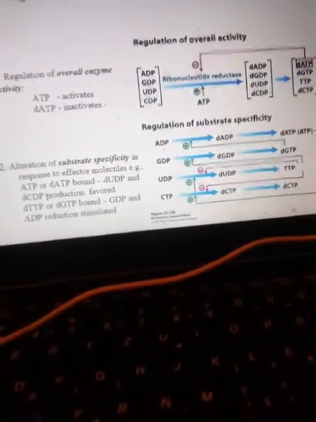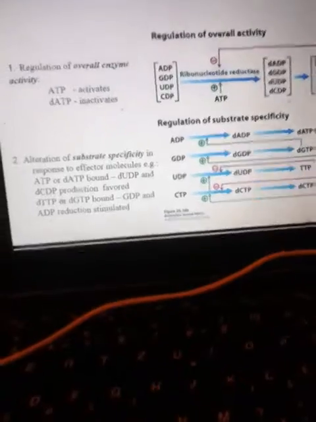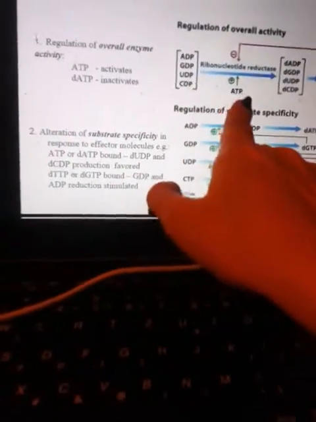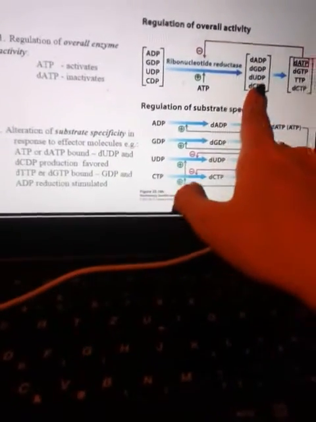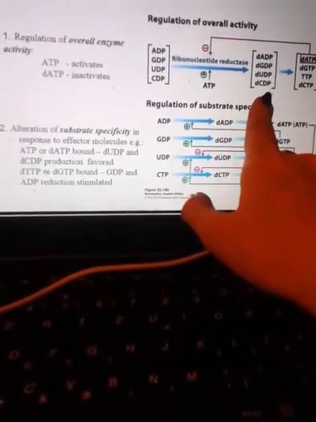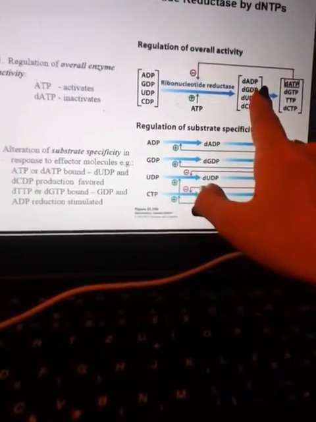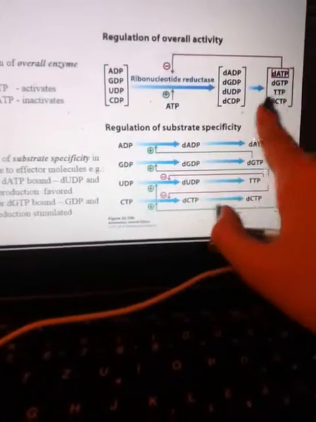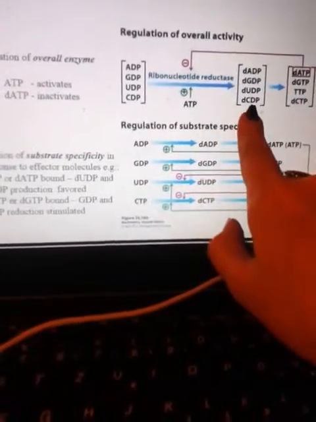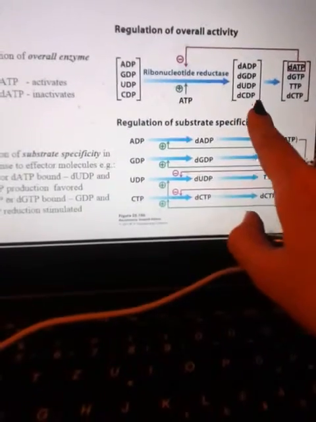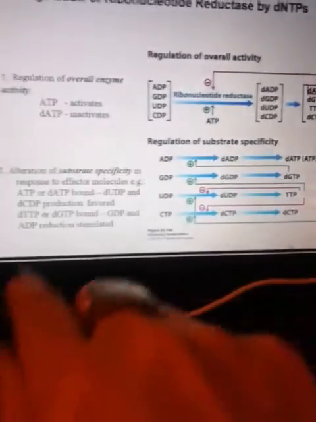Regulation of ribonucleotide reductase. How will it be regulated? ADP, GDP, UDP, CDP come. The ATP is consumed. Deoxyadenosine, deoxyguanosine, deoxyuridine, deoxycytidine are produced. And from the dADP, the dATP is produced, from the dGDP, the dGTP is produced, from the dUDP, dTTP is produced by thymidylate synthase, and from the dCDP, the dCTP is produced.